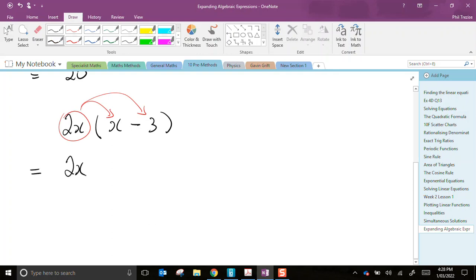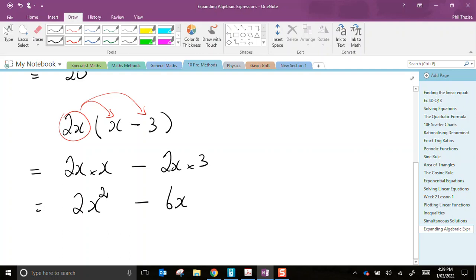We'll end up with 2x multiplied by x, then the subtraction sign, then we'll have 2x multiplied by 3. Now 2x times x, you'll recall, x times x is x squared. The 2 at the front just sits there and still just does its thing. And then 2x multiplied by 3, this time the 2 and the 3 multiply to become 6, and the x is just sitting there doing its thing.